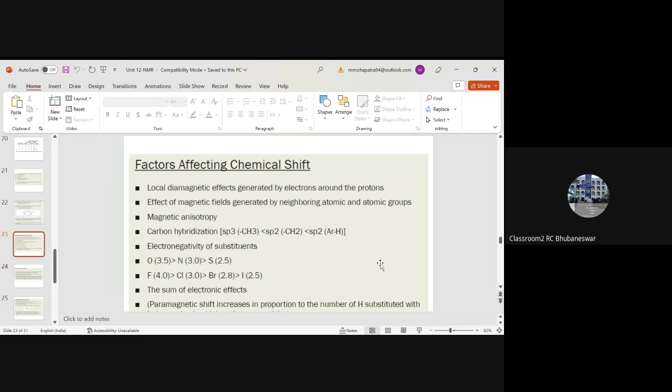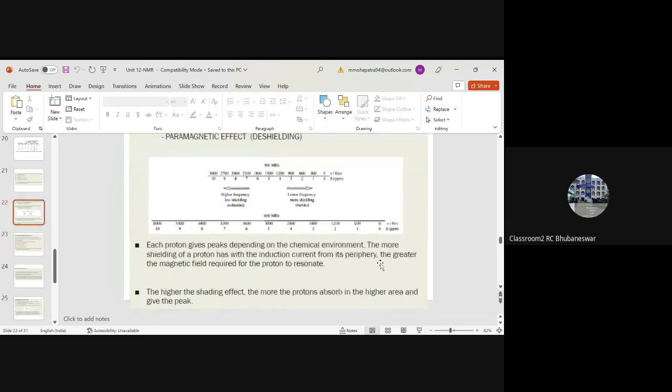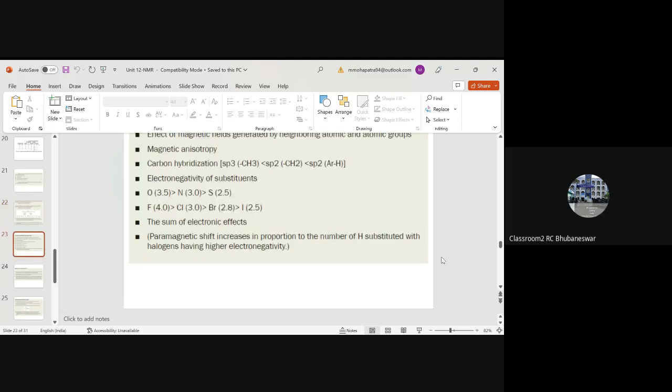Here two points are there. Each proton gives peaks depending on the chemical environment. These parts we already discussed. Chemical environment has a big role in studying any kind of spectroscopy, not only NMR.